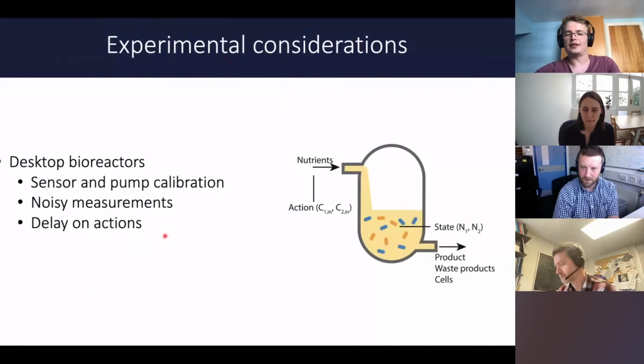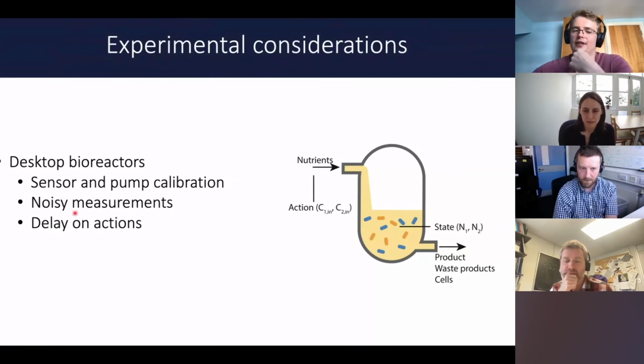That's a slight issue. Then there's quite a lot of noise in the measurements, and also more delay on the actions, which could potentially be a problem for the reasons we talked about before, where we might have to increase the intersample period.